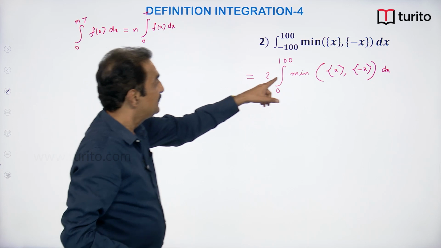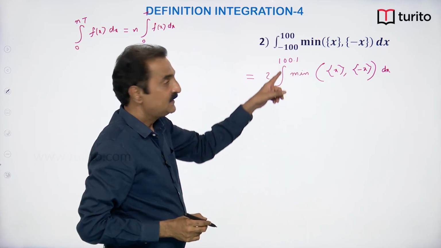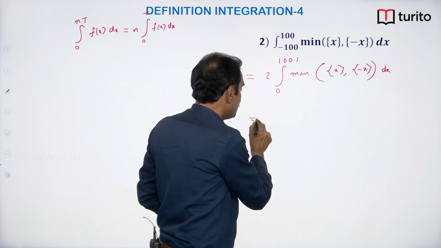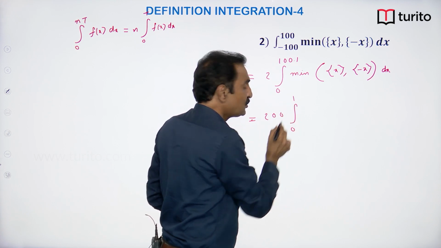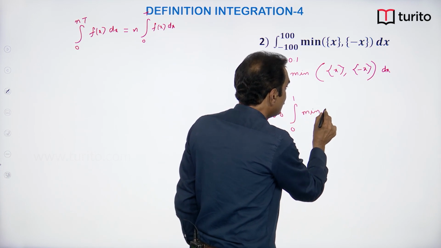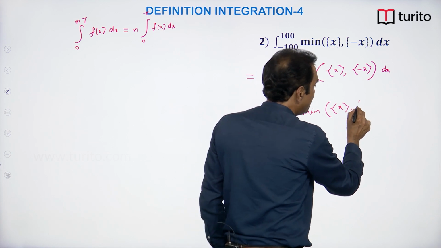So here since the period is 1, write the upper limit as 100 into 1, then this can be written as 2 into 100, 200 into integral 0 to 1 minimum of fractional part of x comma fractional part of minus x.